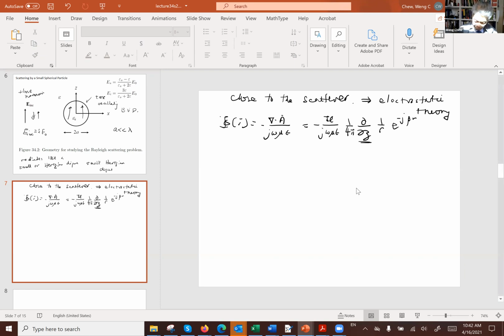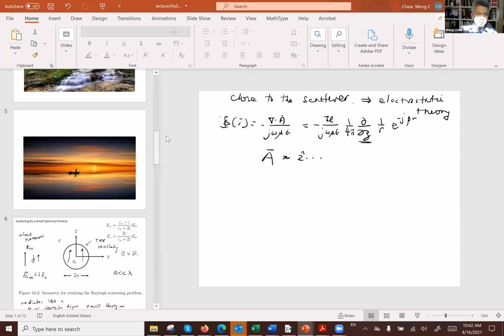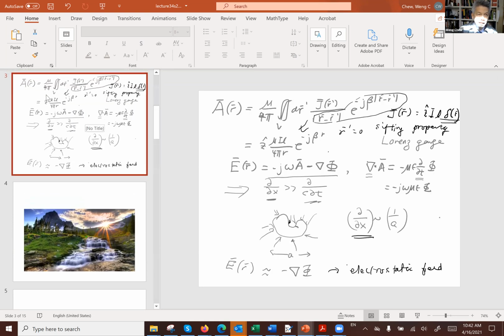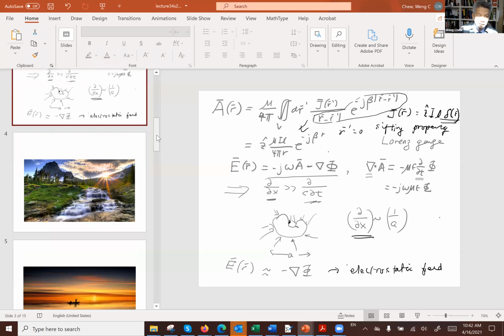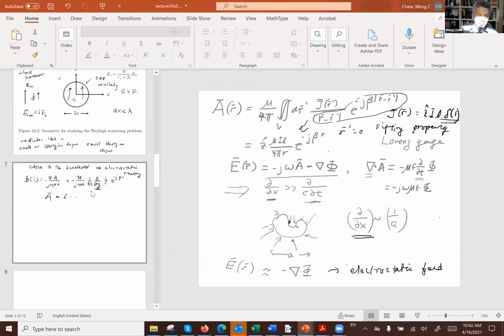Because A is proportional to z hat times the constant, as you can see from the previous slide. When we plug in this current, A only has z hat dependence, so when you plug in A here, it will only pick up the partial z, and then your scalar potential will look something like this.